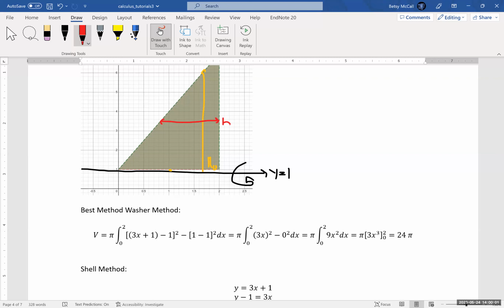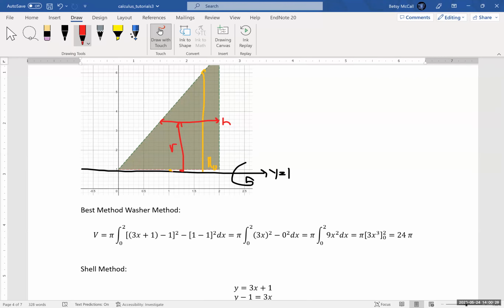The height of the cylinder at any point that we're rotating it is the difference between the rightmost function and the leftmost function. Good. Now, the radius is not going all the way to the x-axis. It's only going to y equals 1.